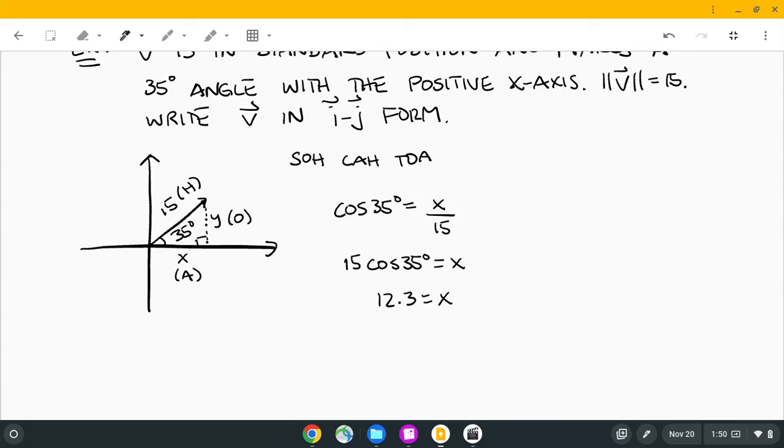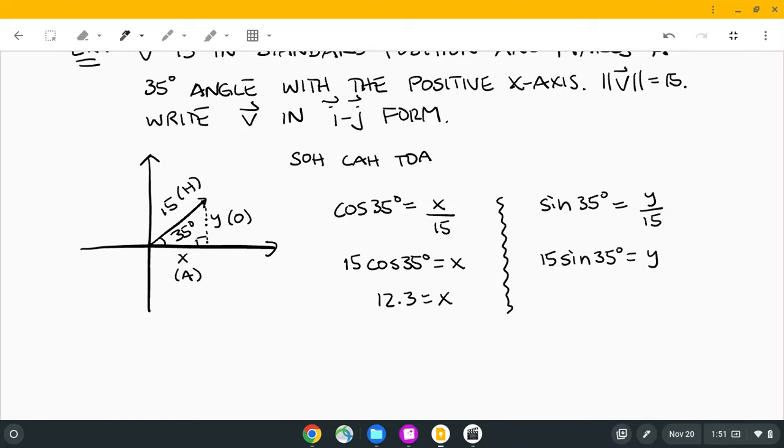All right, and so let's go ahead and find the y value. Here we could do sine of 35 equals y over 15. So 15 times the sine of 35 degrees equals y.